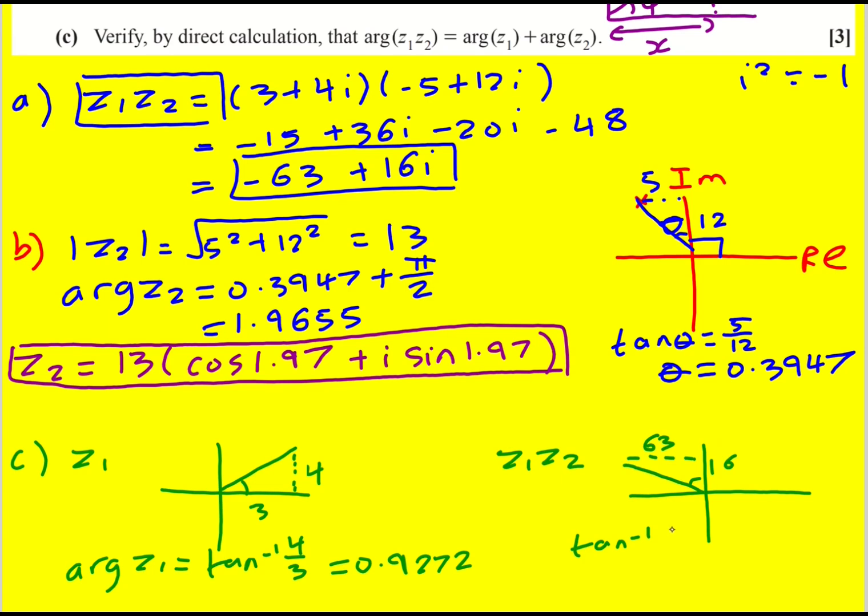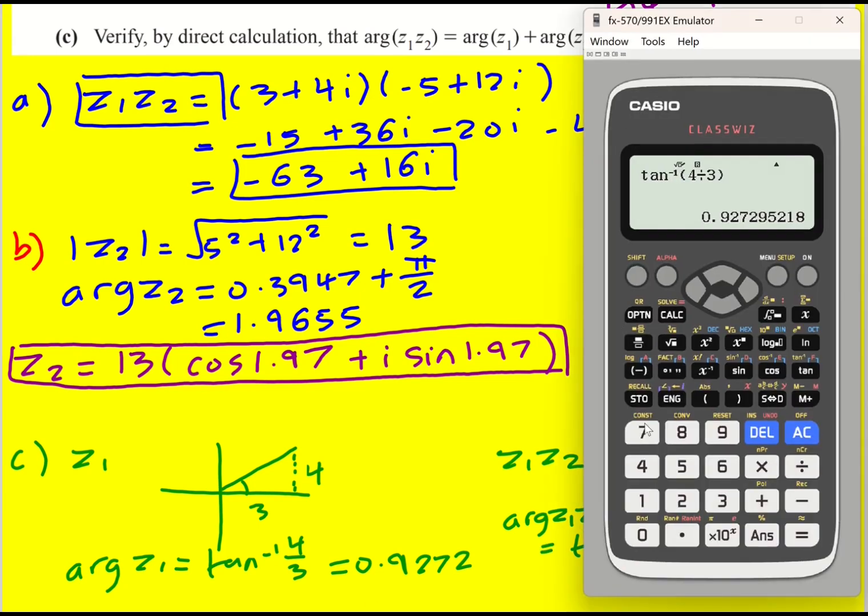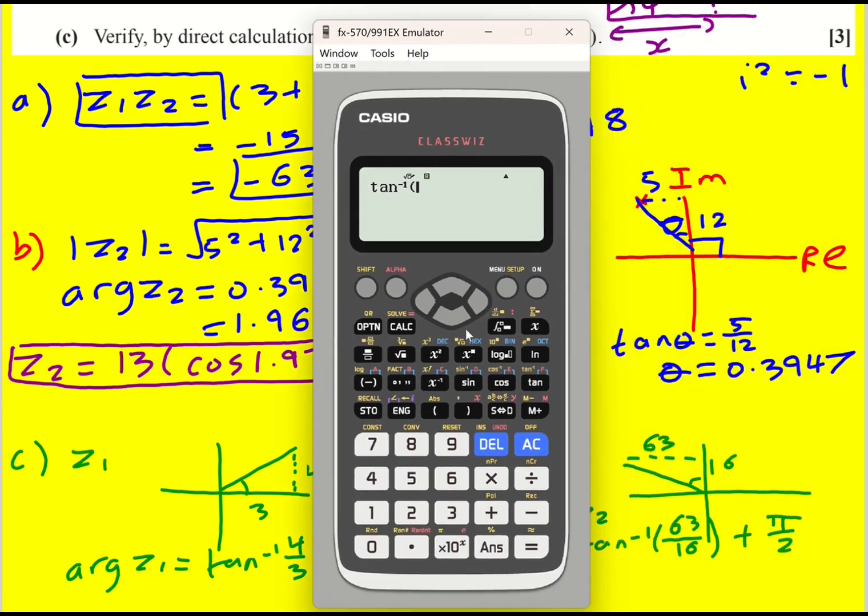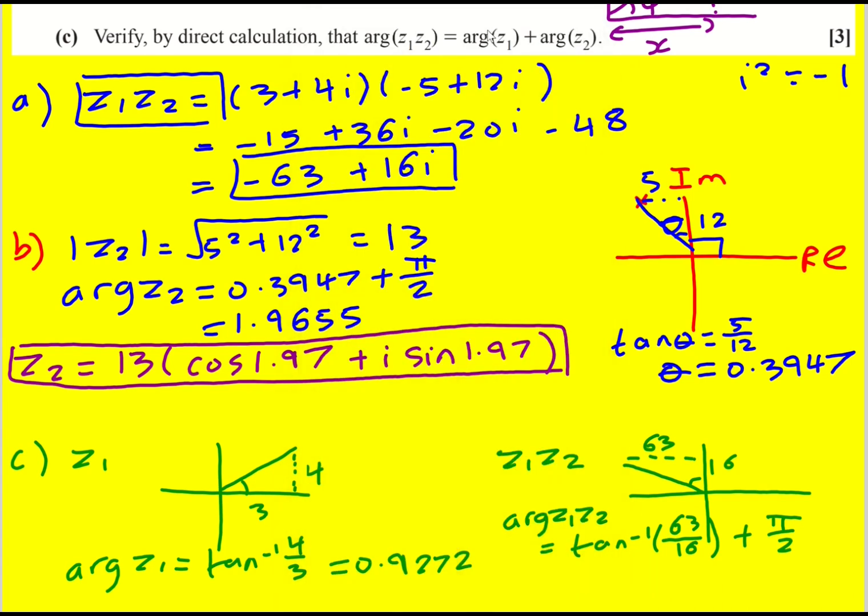Inverse tan of 63 over 16 plus pi over 2. That's going to give me my argument. I get 2.8928.